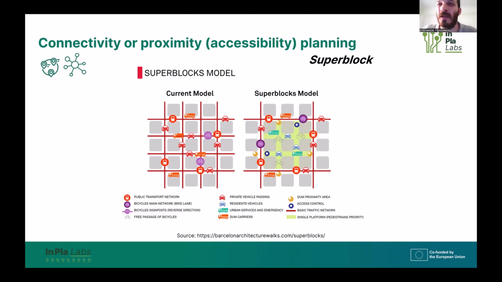Superblocks mainly started from Barcelona, and they tried to protect these neighborhoods from through traffic. They comprise an integrated planning tool because we should think of the land usage, we should think of people, and we should think of the connectivity matters like the street network.